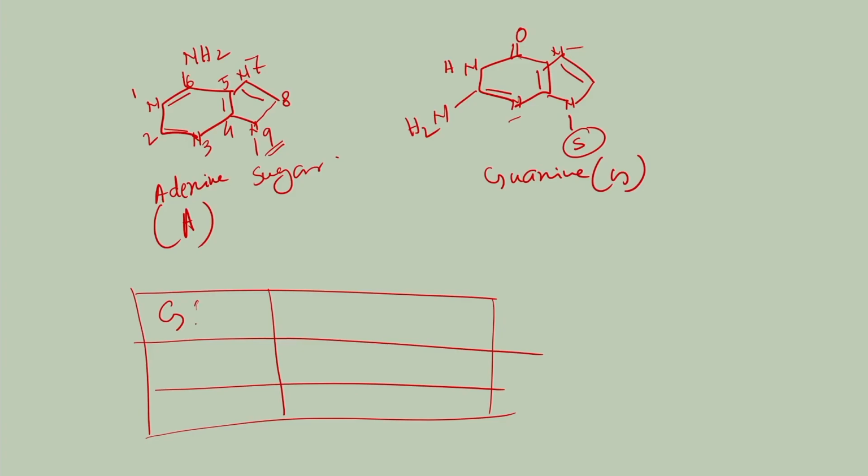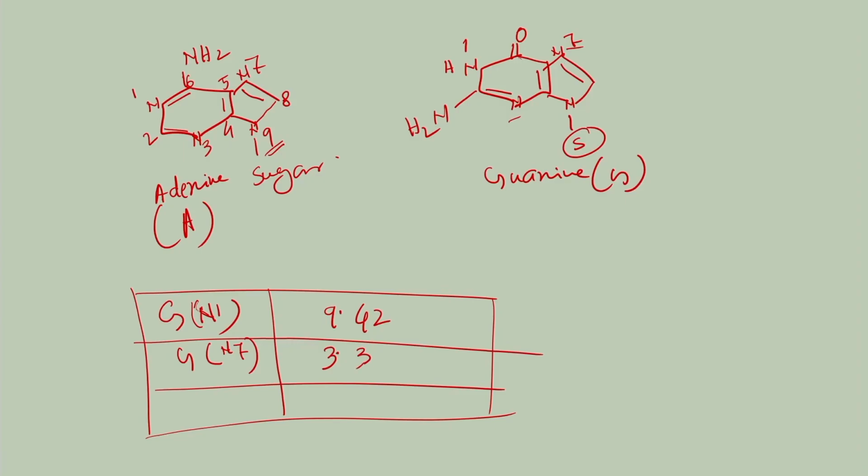So, guanine N1, sorry, has a pKa of 9.42 and guanine N7, which is this 7 position, has a pKa of 3.3.